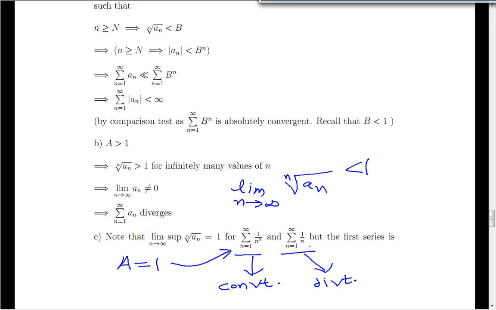So if value of limit is less than 1, then series mod a_n is convergent, and if value of limit is greater than 1, then series is divergent. Thank you.